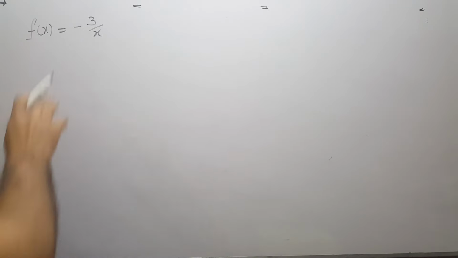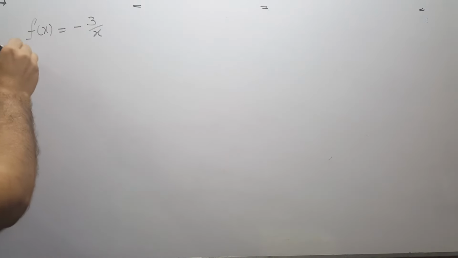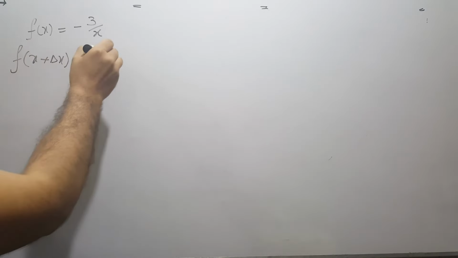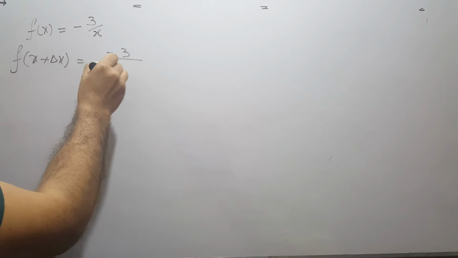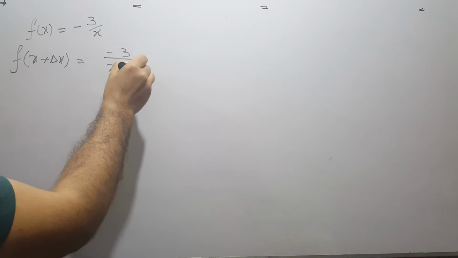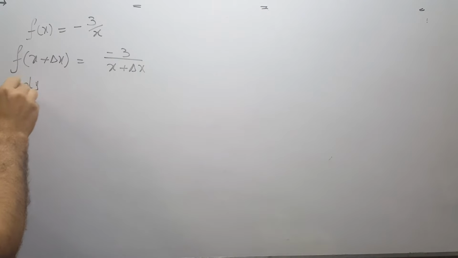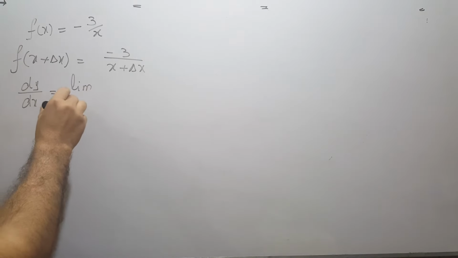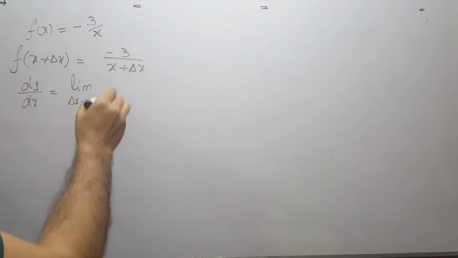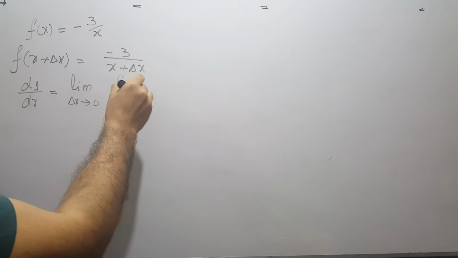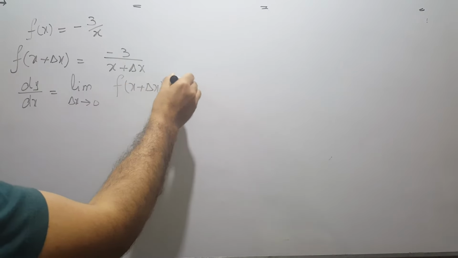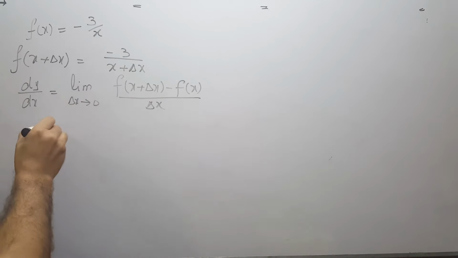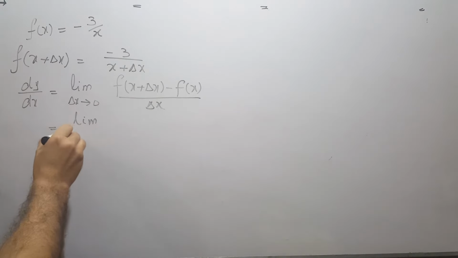Now let's solve a particular question of this type. So we need again x plus delta x, so that is minus 3. For x we would replace x plus delta x. The derivative definition says that limit delta x approaches to 0, x plus delta x, so you just replace the values.